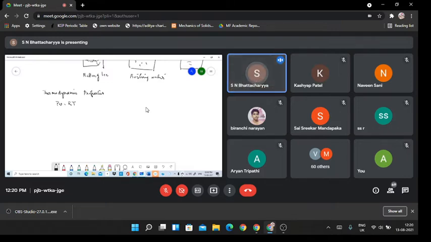In engineering calculations, more often we take the gas constant in per mass. In that case, it would be MRT. So then the gas law would be PV is equal to MRT. If I divide by M, I define my small v to be capital V by M. So this is the volume per unit mass, which is called specific volume.